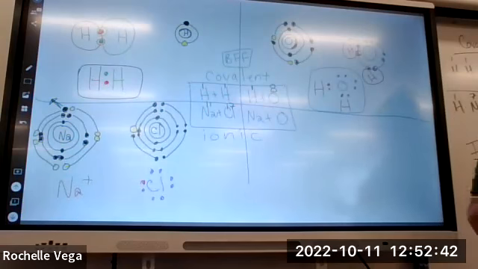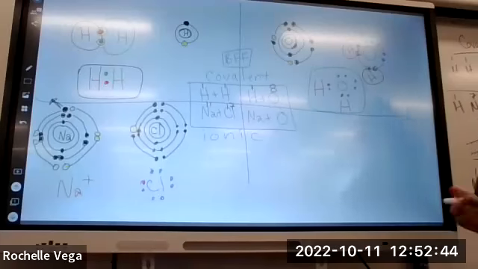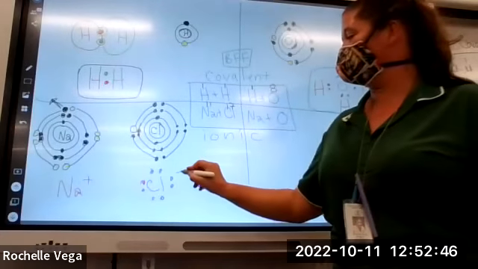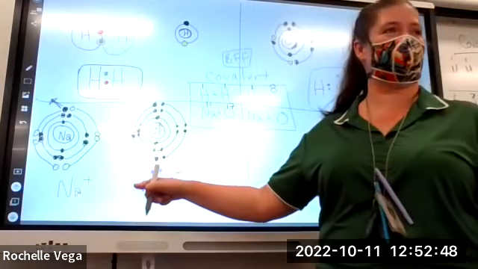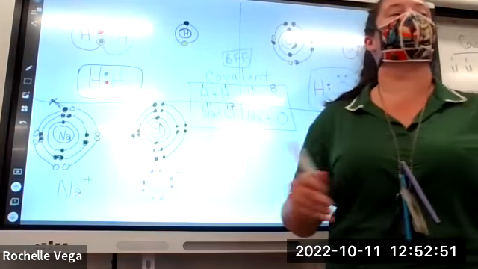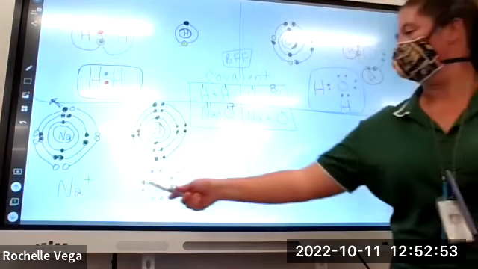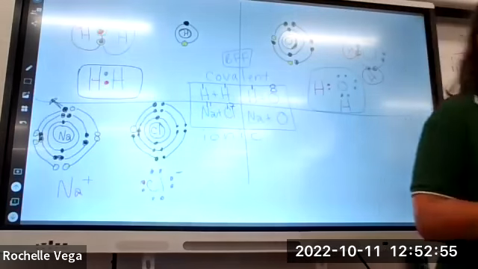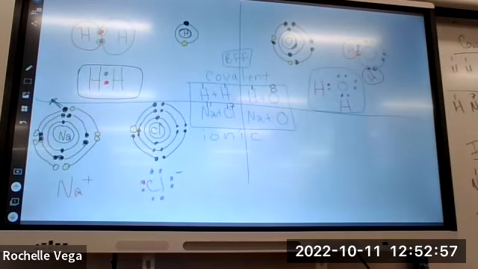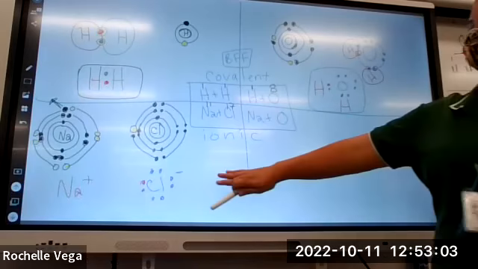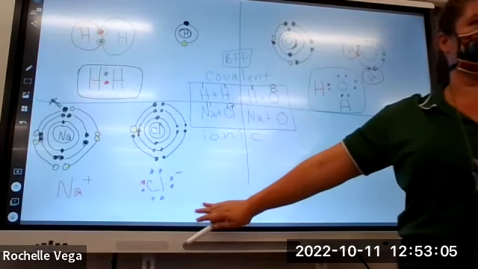So now we have 11 pluses and only 10 minuses. My chlorine has that extra electron. It has an extra minus. The reason they stick together is the plus and the minus. Are we good with this idea? Did I lose anybody? Do we see the difference between this one and this one?